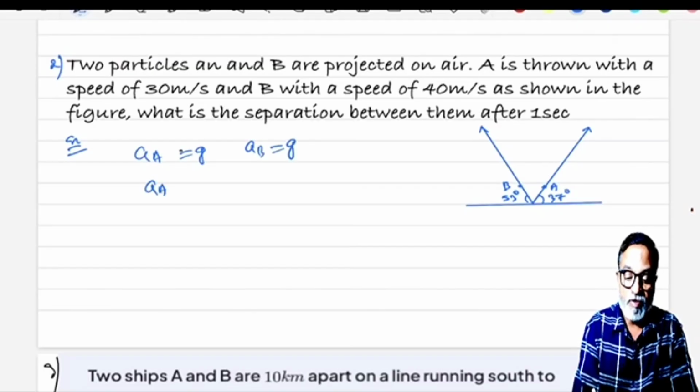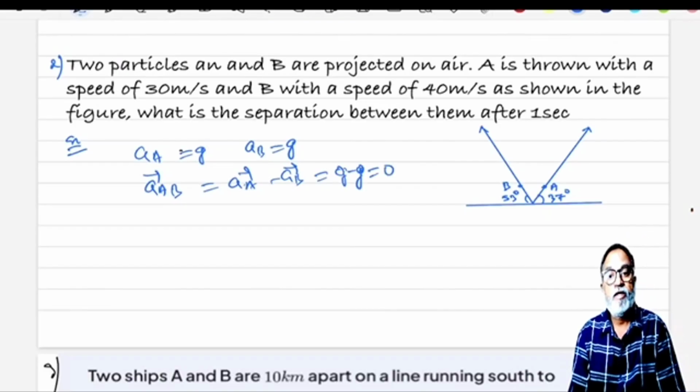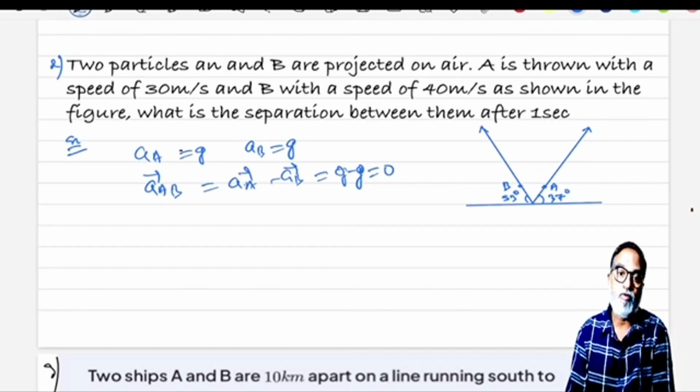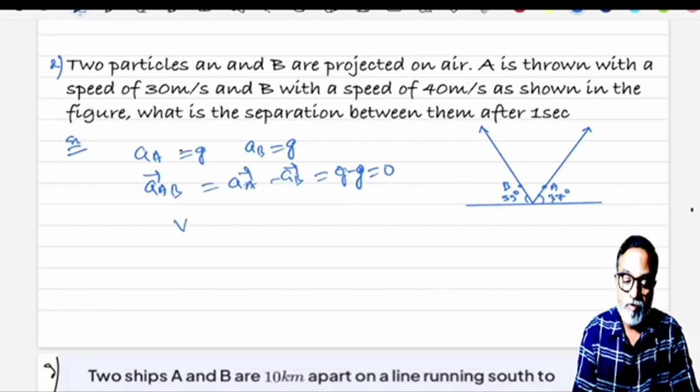Therefore, acceleration of A with respect to B is acceleration of A bar minus acceleration of B bar. This is equal to g minus g, that is equal to 0. When acceleration is 0, it means velocity is constant. Therefore, velocity of A with respect to B is VA bar minus VB bar.